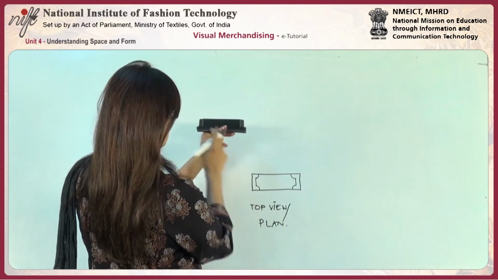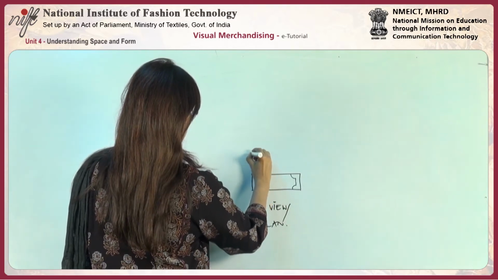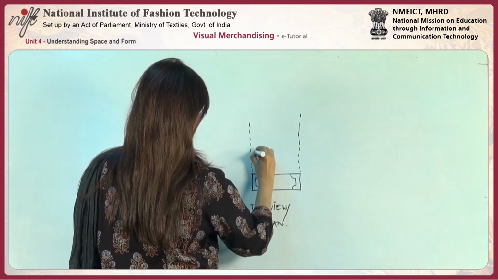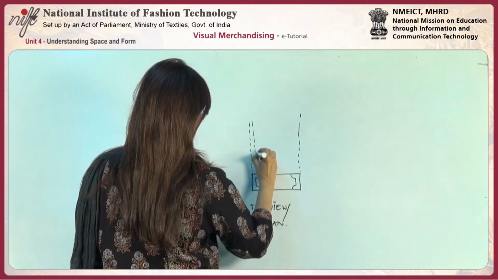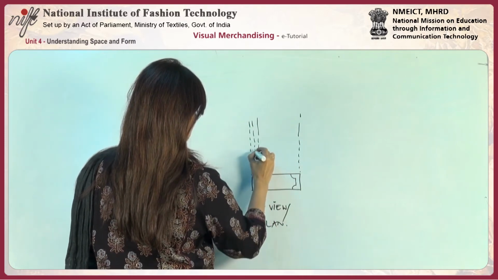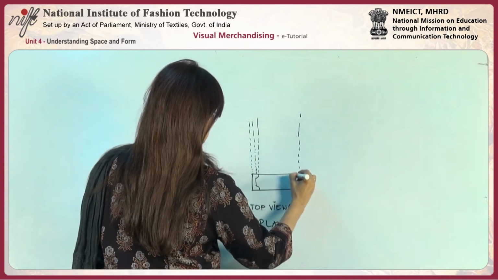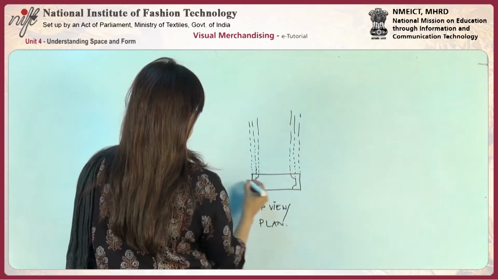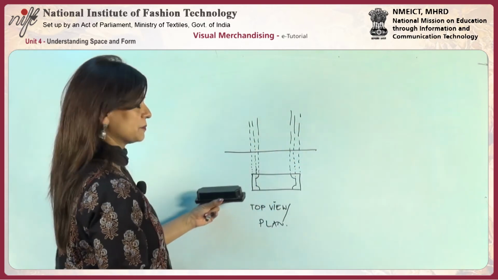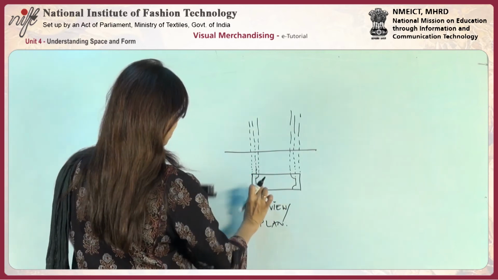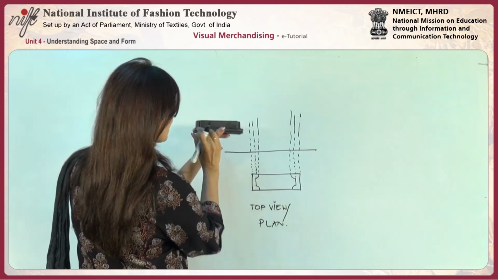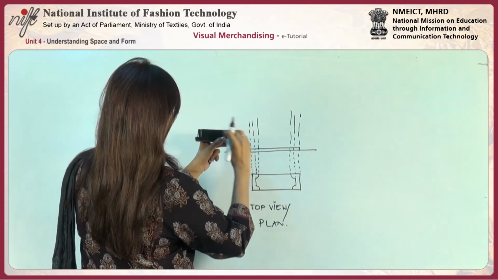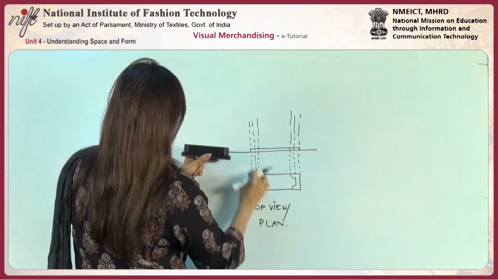Now to draw the front elevation of it, take the projections up. Considering this to be the ground line, whatever is the height, this is a height. So whatever is this height, this is our first height of the base, and these both are at the same level.